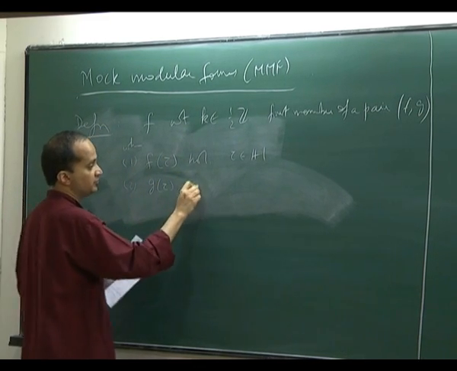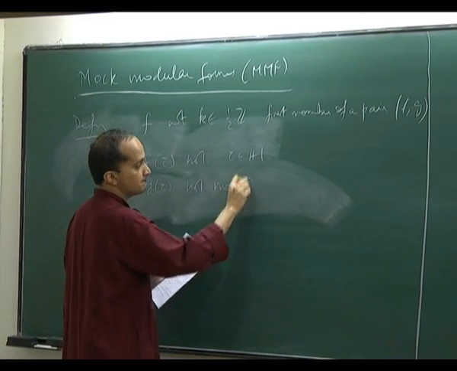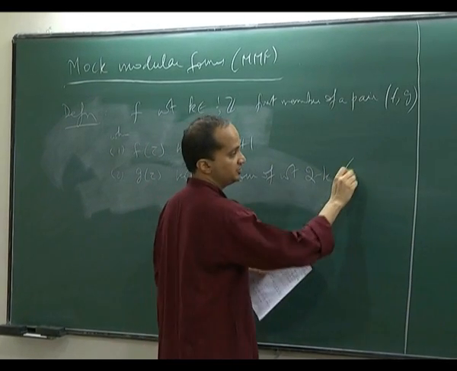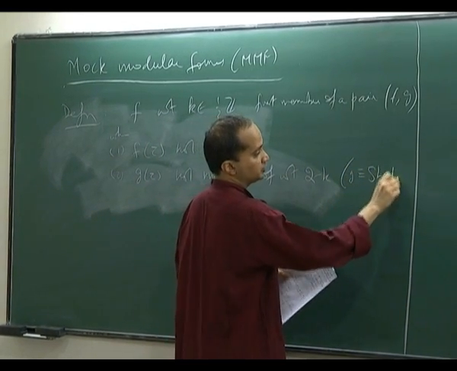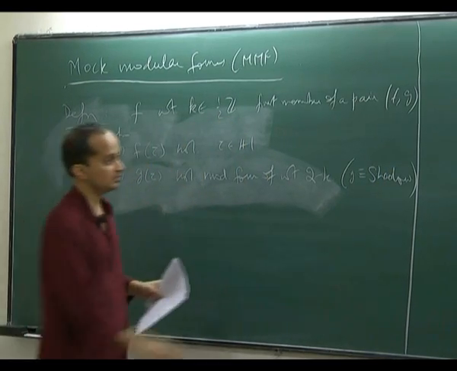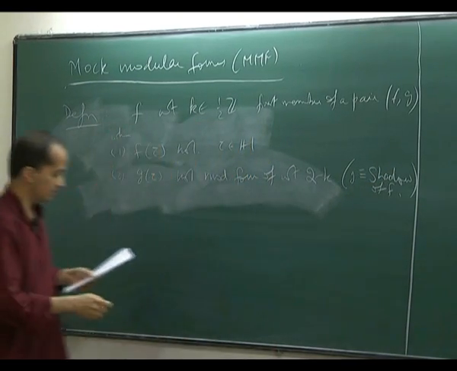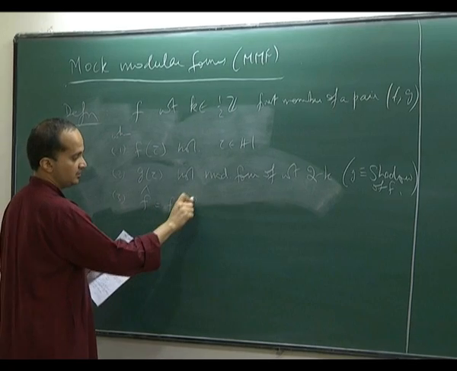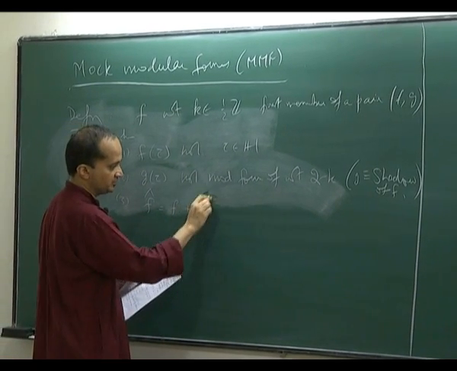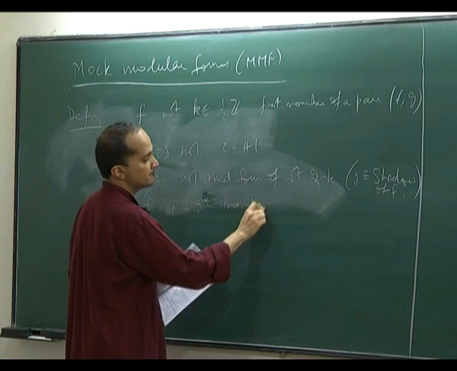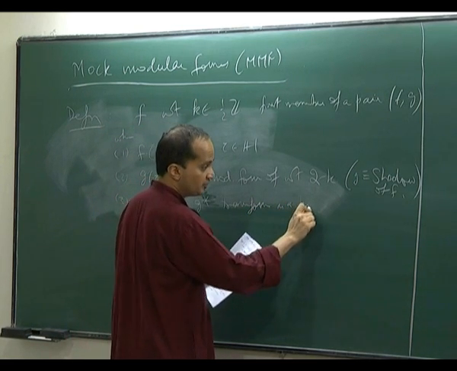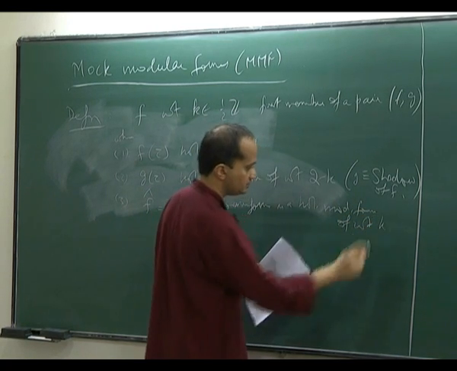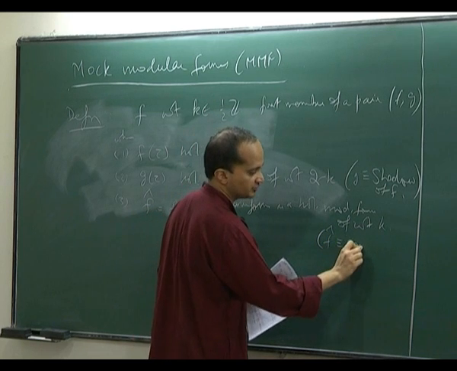G of tau is a holomorphic modular form of weight 2 minus k, and G is called the shadow of F. And thirdly, f hat, which is defined to be f plus g star, I'll tell you in a minute what that is, transforms as a holomorphic modular form of weight k, and f hat is called the completion of f.